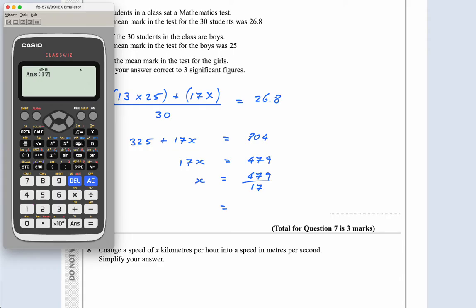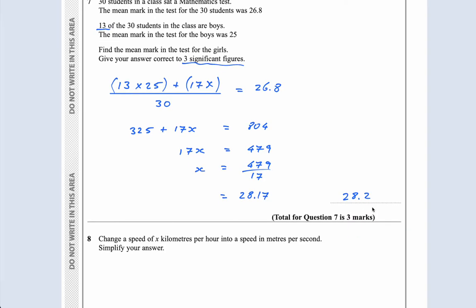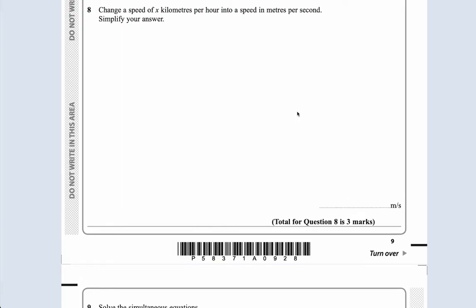Divided by 17 gives me 28.2, which is correct. 28.17 to three significant figures is 28.2. Okay, hopefully that makes sense, guys, even with my typo, let's call it.